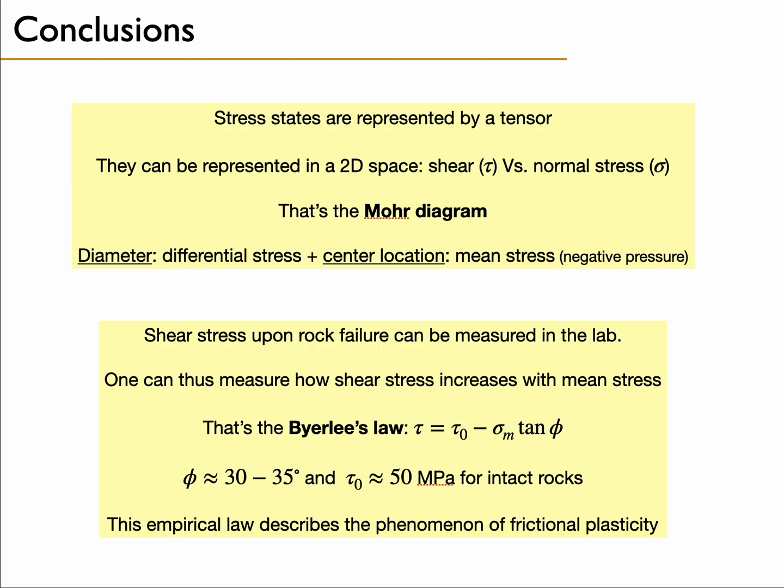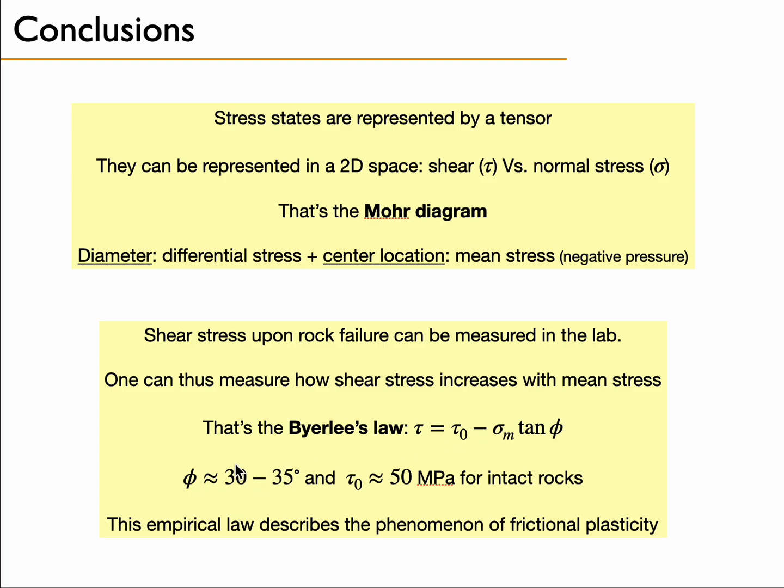What's also important to remember is that the shear stress at which the rock fails can be measured in the lab. It depends on the mean stress. That's the prediction of Byerlee's law. You get tau is equal to tau 0, or C, minus sigma m, the mean stress, times tangent phi, which is the friction angle.